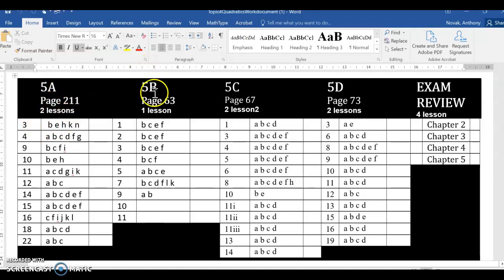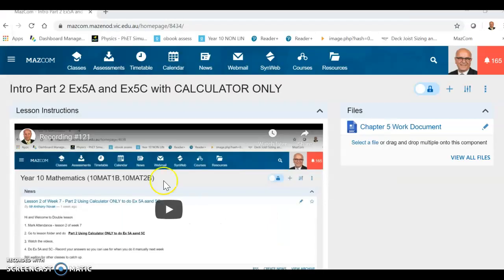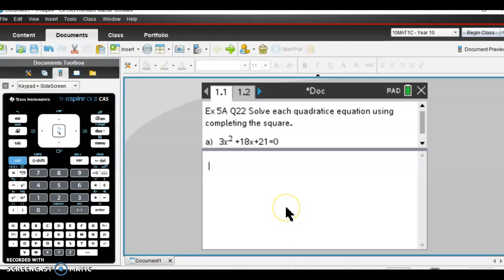So, for instance, we're going to do question 22 from exercise 5A. I'll do that by going to my calculator. There it is. Solve each equation using completing the squares. So we might say, okay, I know how to do that using my calculator.